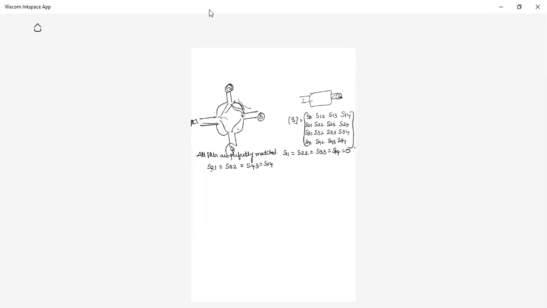The second index is the input, the first is the output. If the input is applied at port 1, you get it only at port 2. What about port 3 and port 4? The rest all become 0.